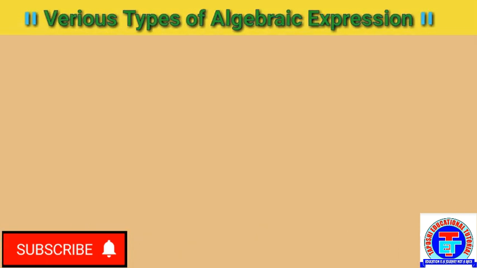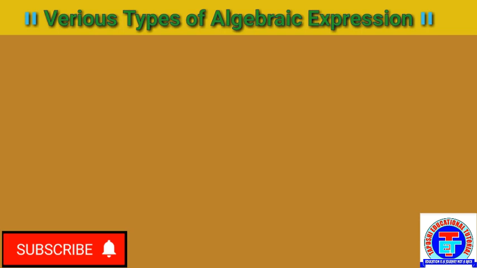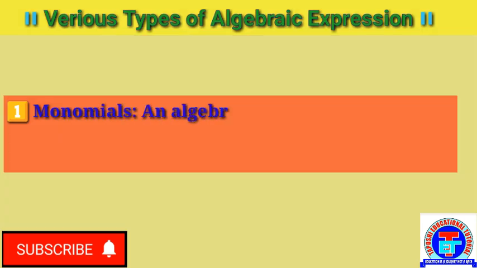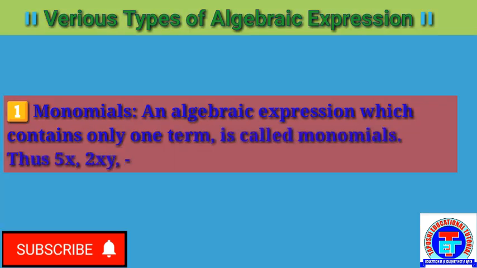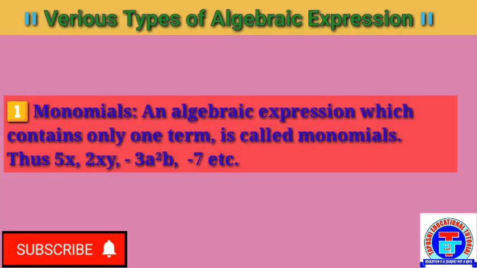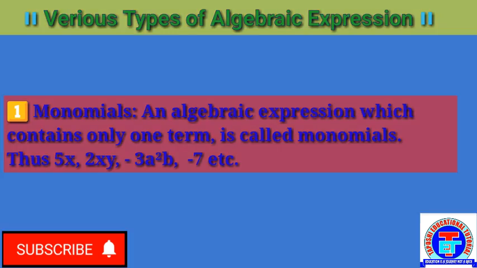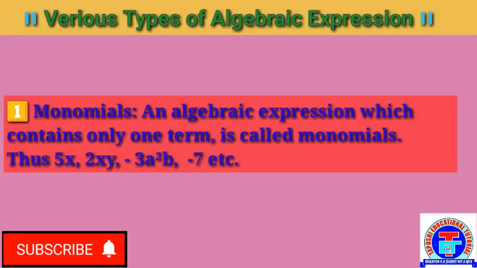Now dear student, here we try to understand the various types of algebraic expression. Number 1, monomials. Mono means one, nomials means the terms. An algebraic expression containing only one term is called a monomial. Thus 5x, 2xy, minus 3a square b, minus 7, etc. are all monomials.